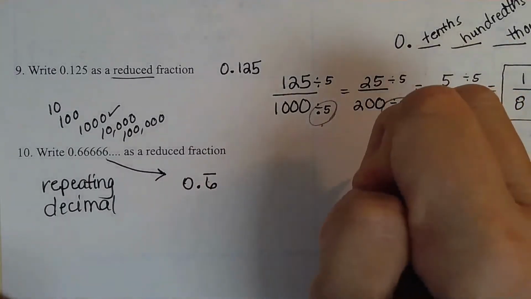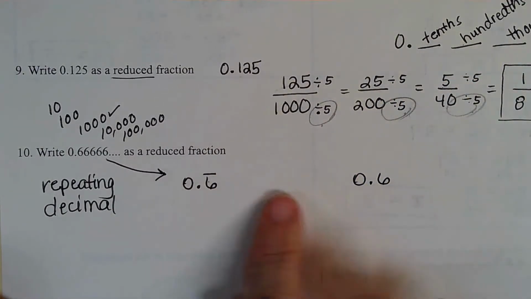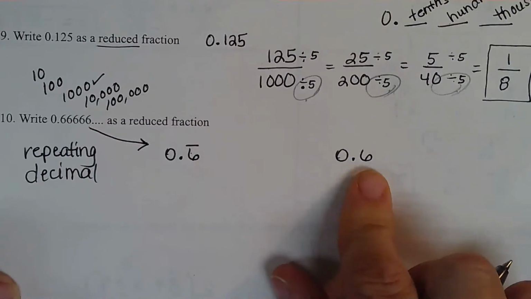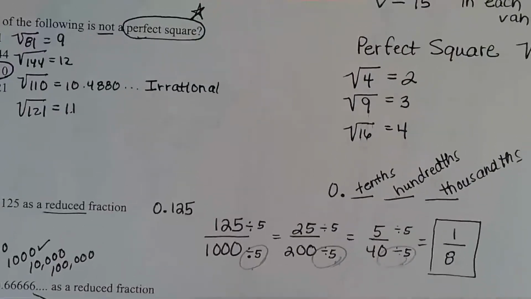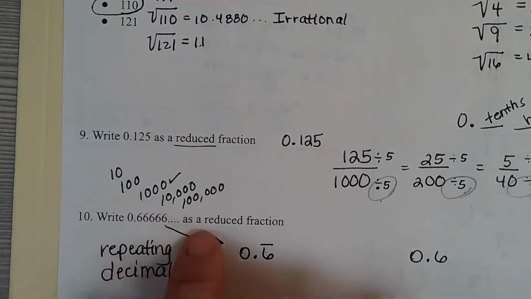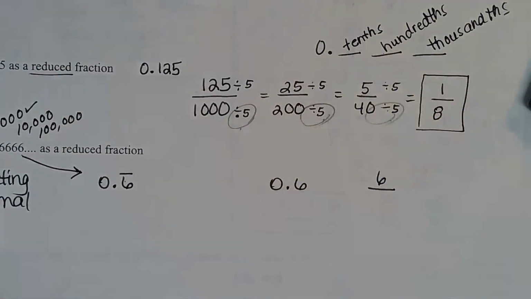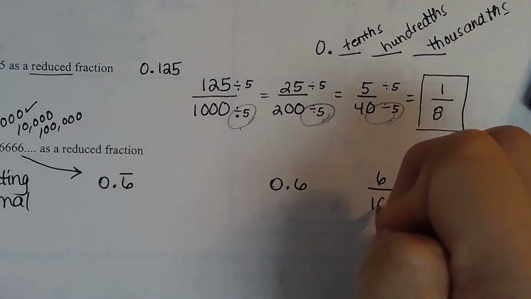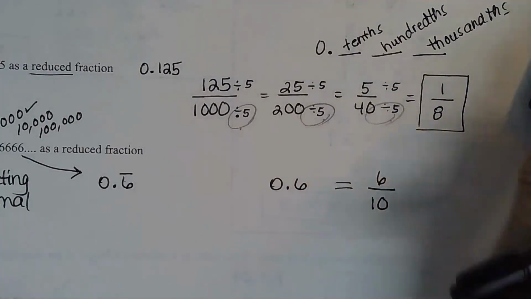If this would have just been 0.6, now this is not just 0.6, this is 0.6 repeating. But if it was just 0.6, if we used our trick that I told you up here, remember your options, 10, 100, 1,000, 10,000. Those are your options for your denominator. And we said however many digits you have, that's how many zeros you want. 6 over 10, 6 tenths. That's what this is, all right?